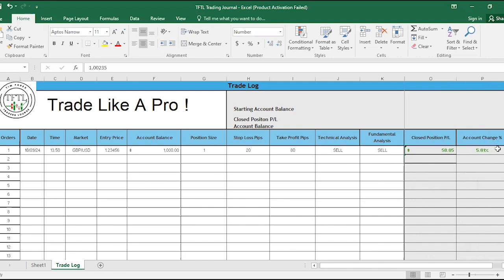And then you look at your account change in terms of percentage. For me, when I'm trading, I like looking at it not in terms of dollars, but in terms of the percentage change. Because if you look at it in terms of dollars, you might end up trading more, or you might end up having what you call greed.